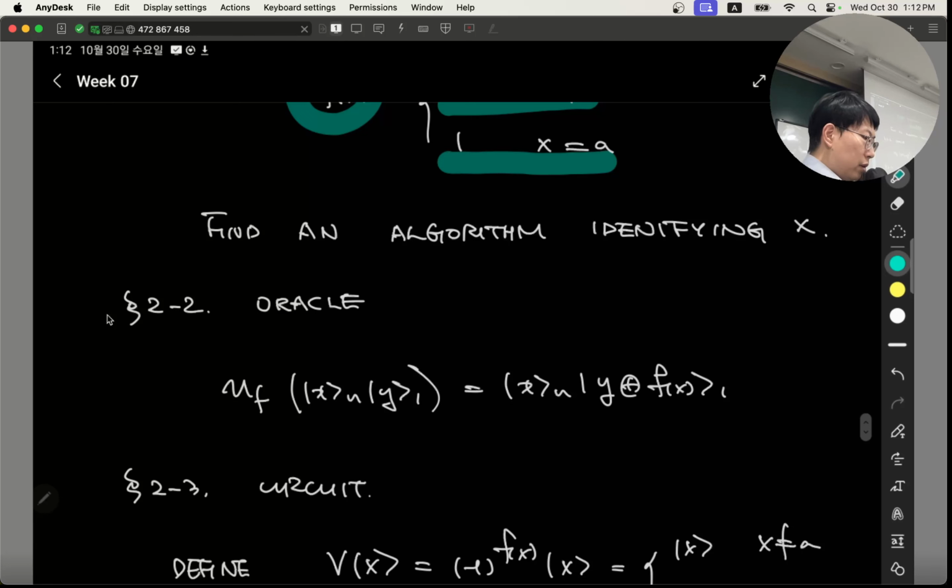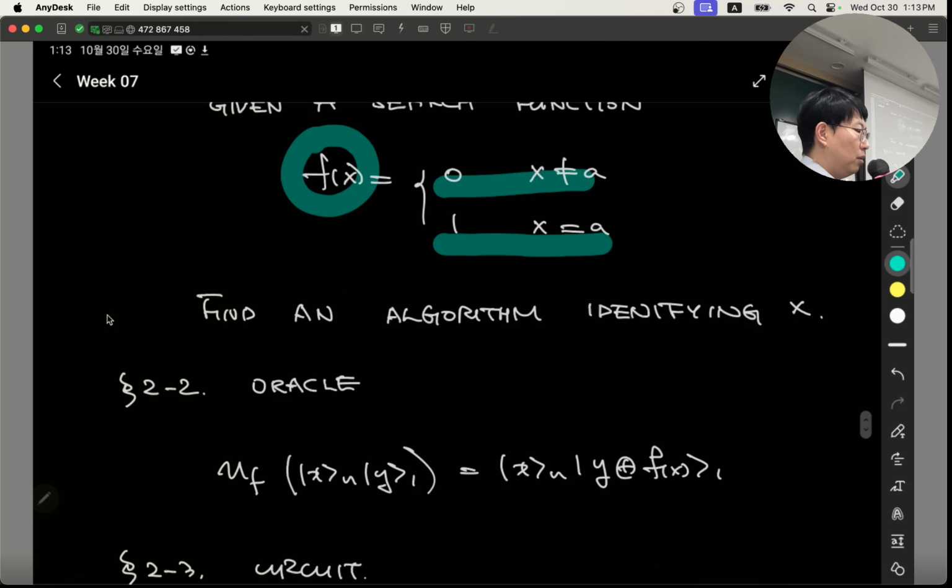So what is our oracle? Again, I'm not saying that we can make such an oracle. We are assuming that this oracle can be implemented somehow without knowing this function itself. If you know the function itself, then we know what A is, right? So we're assuming that we don't know it. Among these zeros, there is only one value of the function where it is 1.